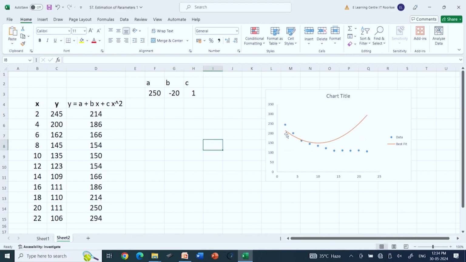So the idea is that you bring this curve a bit close to these values.